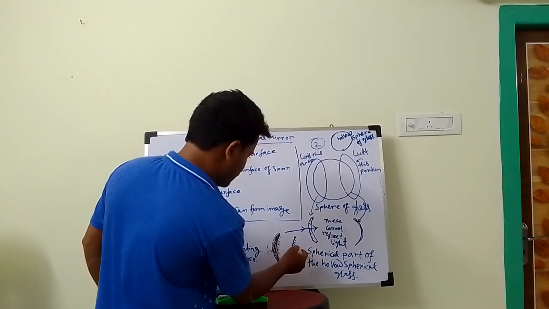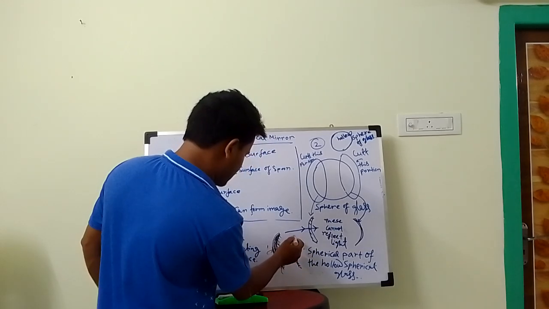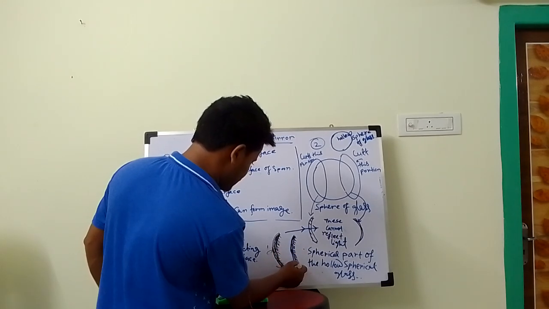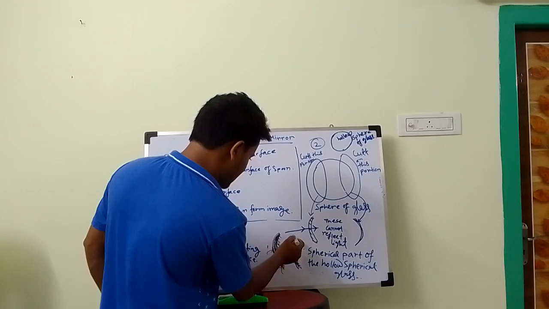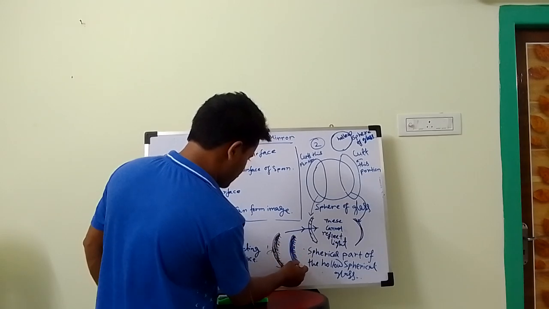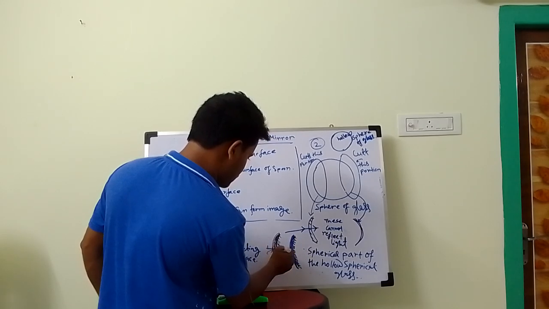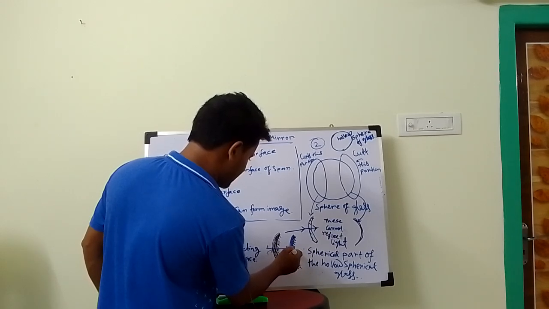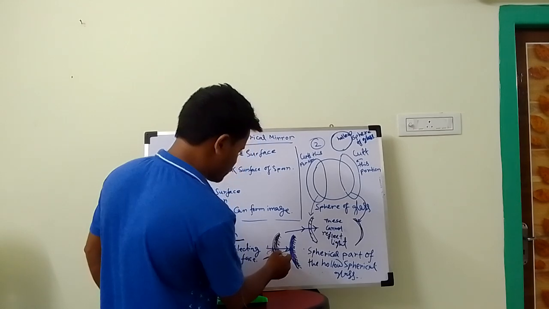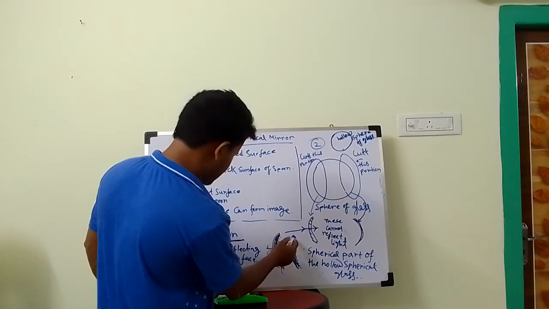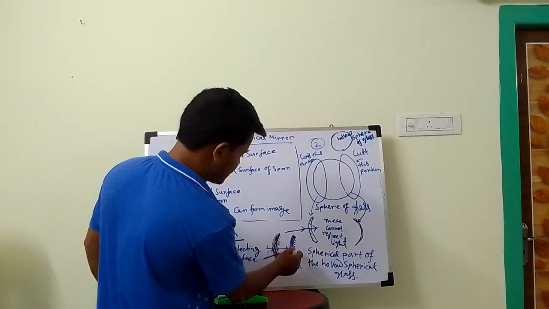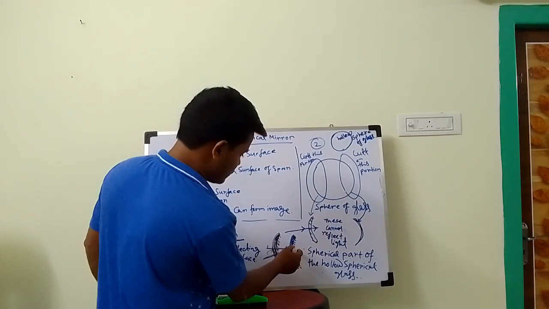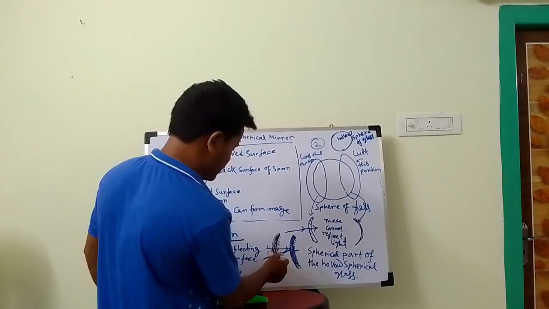That means this is the non-reflecting surface, and after this surface we have a thin layer of silver material. That means this surface can act as a reflector surface, and after this surface we have a glass material. So when light falls on this surface, after the glass surface the light reaches or strikes the silver material and bounces back to the first medium once again. That means this surface can act as a reflective surface, and the second surface cannot act as a reflecting surface. This is the non-reflecting surface and this is the reflecting surface.